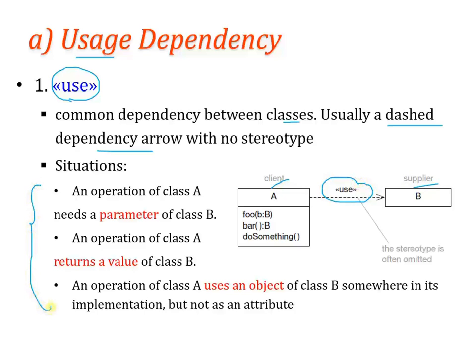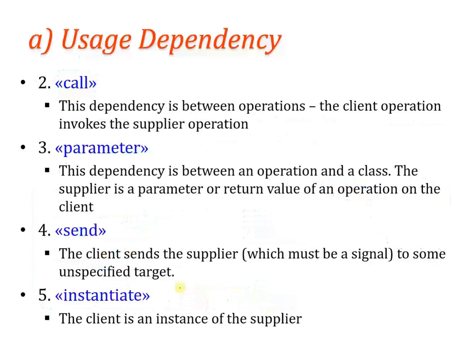There may be situations where class A uses certain information from class B. It may be an operation of class A which needs a parameter, that is an attribute, from class B. Another situation is an operation of class A returns a value to class B. A third situation may be an operation of class A uses an object present in class B. The second type of usage dependency is called call.